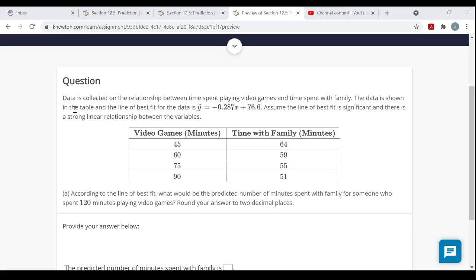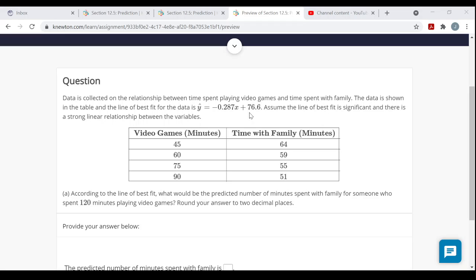So here, data is collected on the relationship between time spent playing video games and time spent with family, both in minutes. The data is shown in the table, and the line of best fit for this data, which they're already given to us, so I don't need to enter these lists, and I'm not going to do that this time.